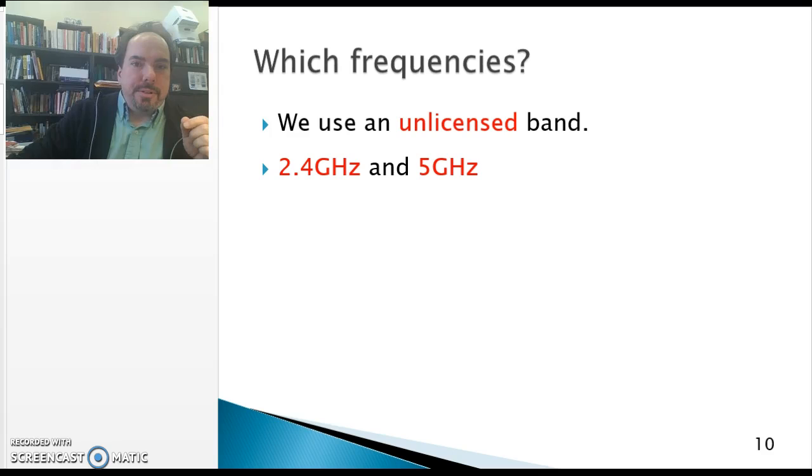The reason these are unlicensed is, if they were licensed, like with a radio station, which has to be licensed, you don't want other people broadcasting on 88.7 when your radio station has a license to be on 88.7. Whereas it would be a big pain if you had to get permission from the FCC every time you wanted to set up a new transmitter, i.e. an access point, every time you wanted to set up a wireless router.